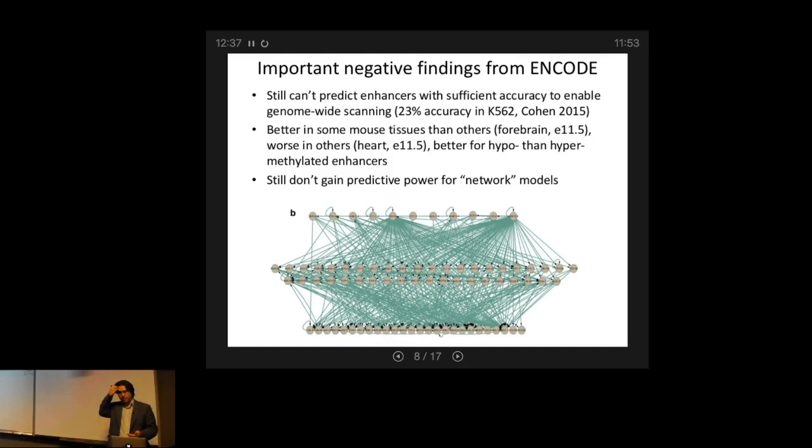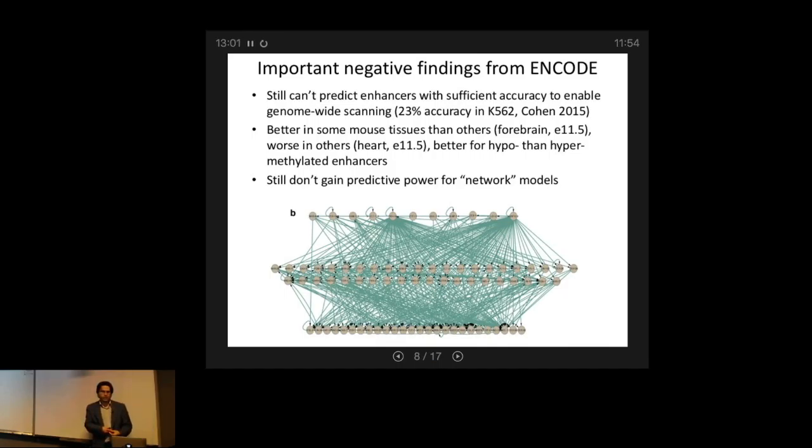But you have to consider, what does 0.9 on a balanced training set mean when you go genome-wide? So you're going from a marginal distribution of 50-50 to a marginal distribution of less than 1%, right? If you take genomic sequences at random, probably less than 1% are going to function as enhancer elements in these assays. And that's a classic statistical problem called mismatched marginals.